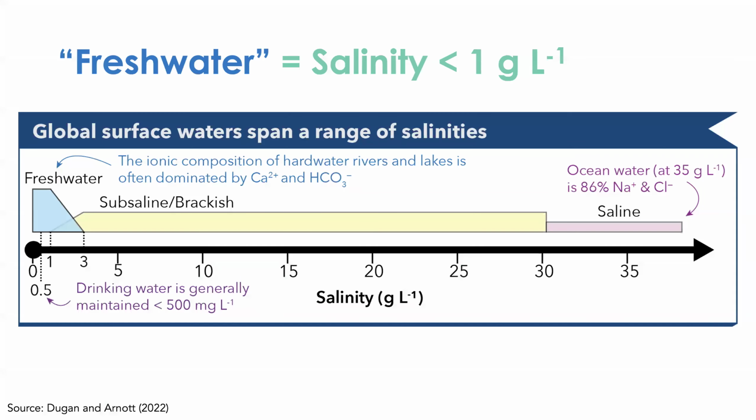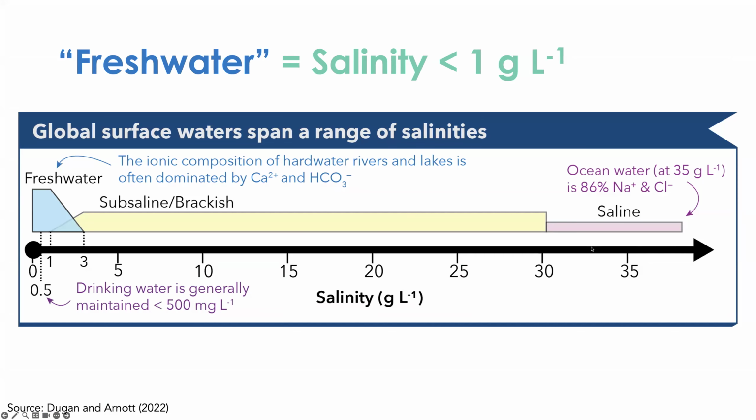And when we say salinity, we just add up those concentrations. And so we actually just measure the total grams of salt in a liter of water. So the unit of salinity is usually grams per liter. And that's as simple as it sounds. You have those ions, you measure their weight in grams, how many of them are in a liter of water. And this is a diagram that attempts to show what the range of salinity is in waters on Earth.